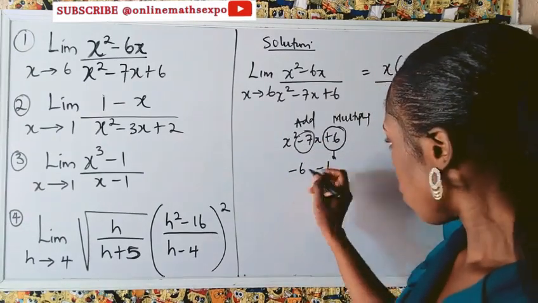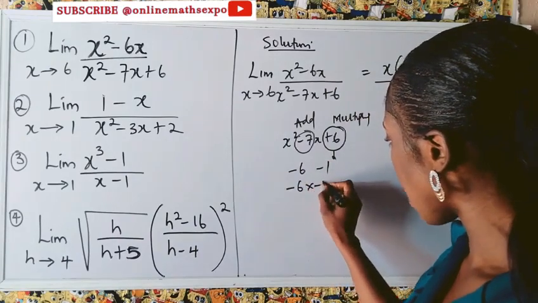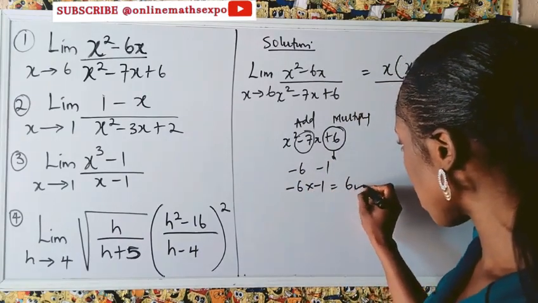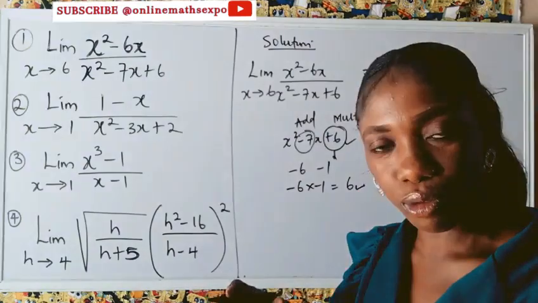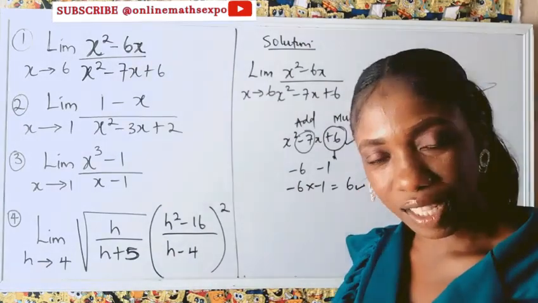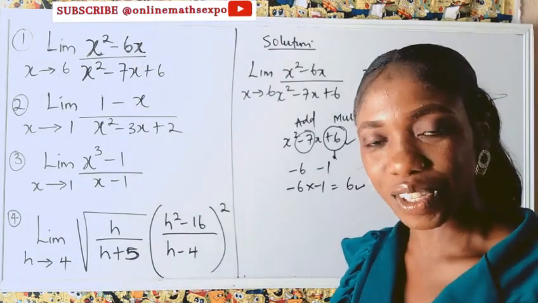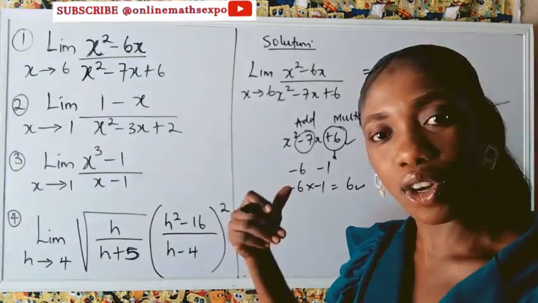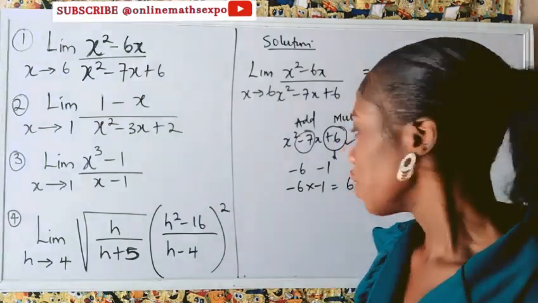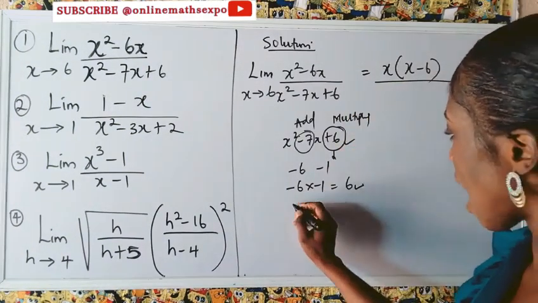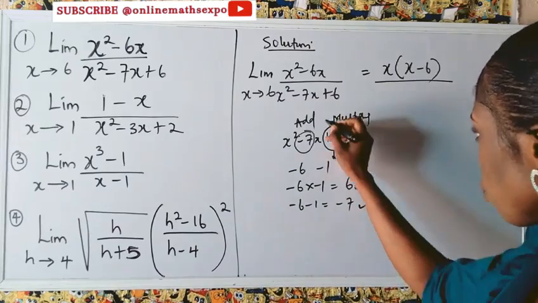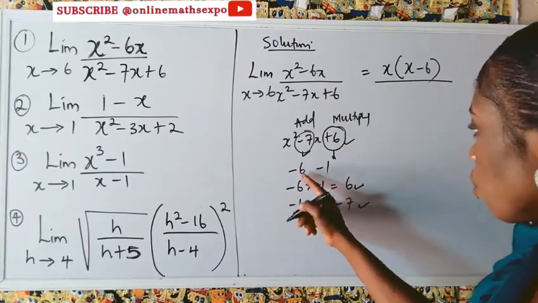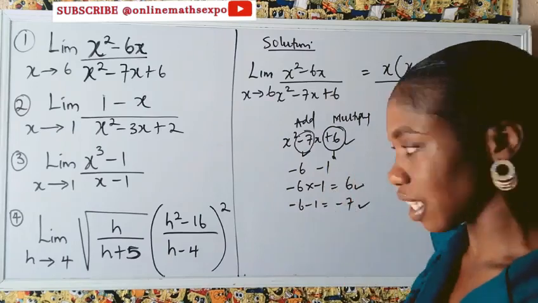Let's check. We have negative 6 multiplies negative 1, this will give us positive 6. We have done this. I also leave the link for how to factorize quadratic expressions in the comment section because we have treated this, so you can go through it and learn more. Then let's add it. We add these and it will give you negative 7, which is this. So you see the two values are negative 6 and negative 1.